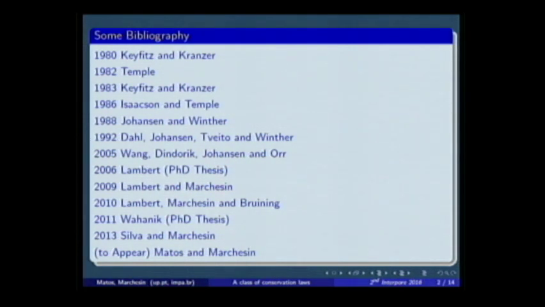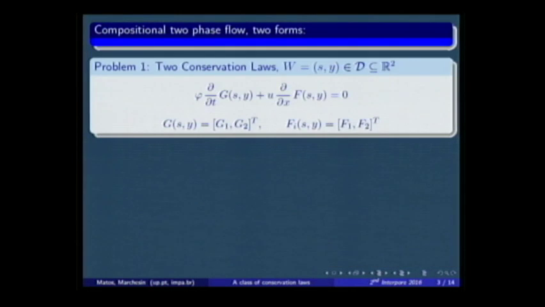What I will introduce you here is a generalization of something that myself and then Marchesin we have done a few weeks ago. I will show you two kinds of problems. The first one is a two conservation law that arise in porous media, where G is the accumulation, F is the transport.